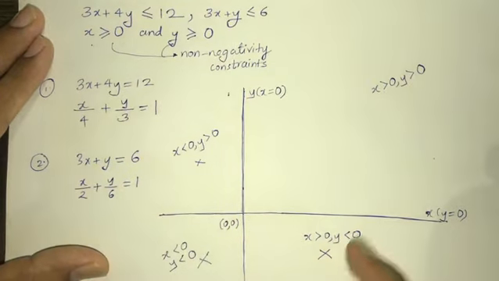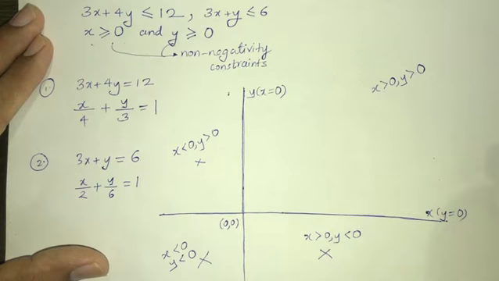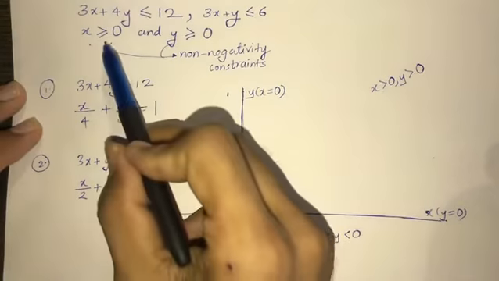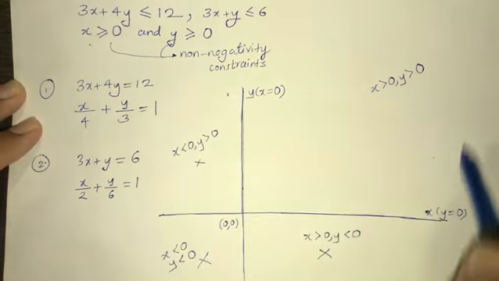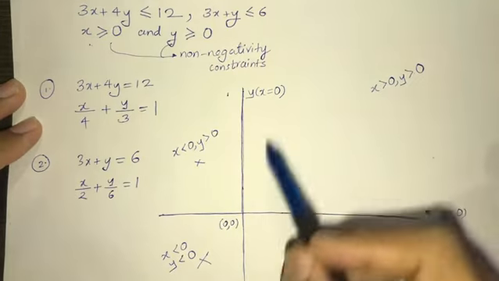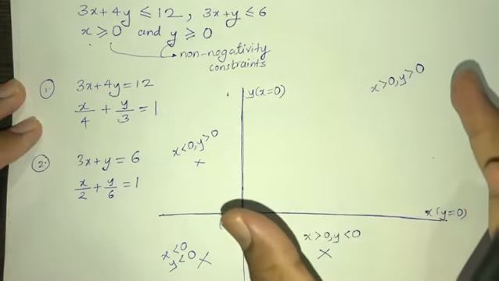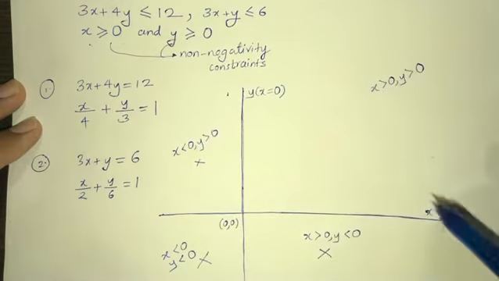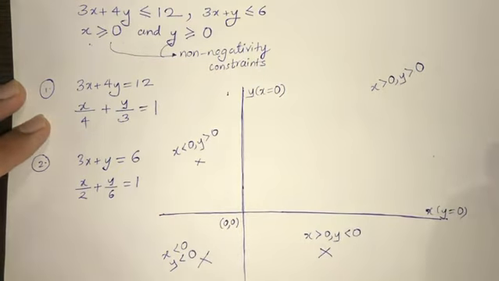We want points only where both the coordinates are positive. So that will be covering points of the first quadrant. This will restrict our solution to the first quadrant. That's why I'm focusing more on the first quadrant. The bigger part of my diagram is the first quadrant.